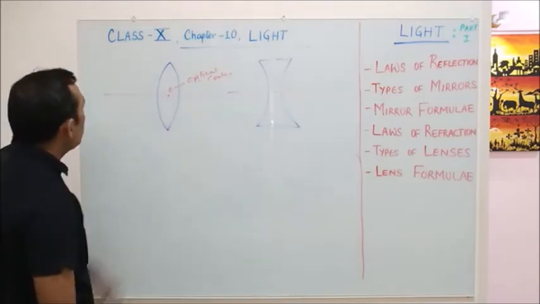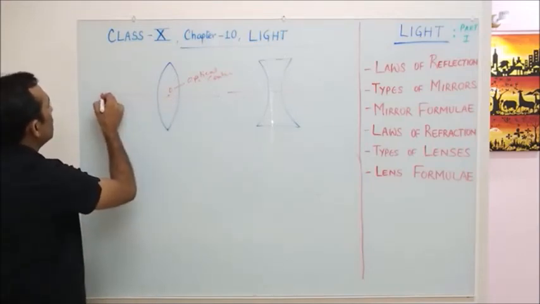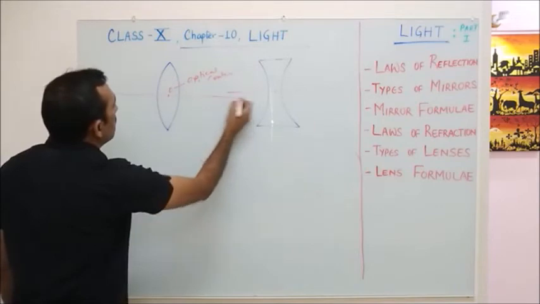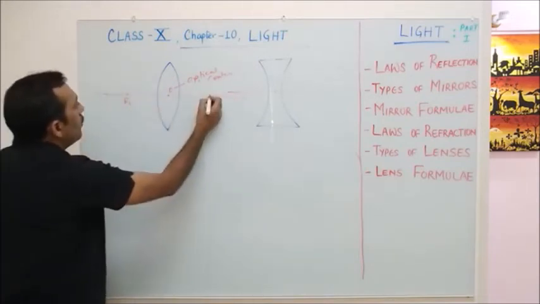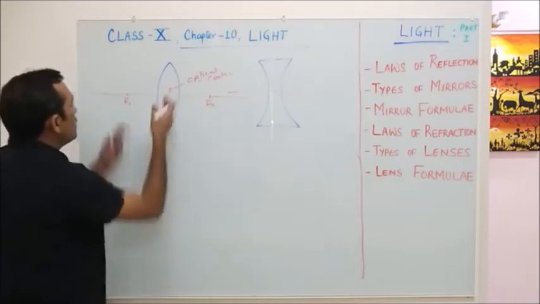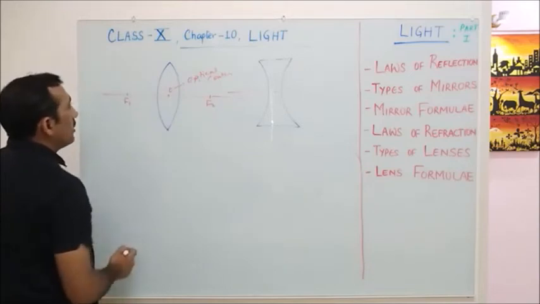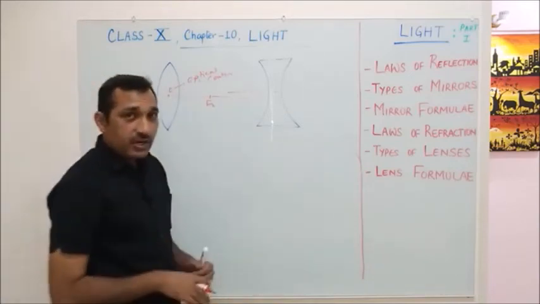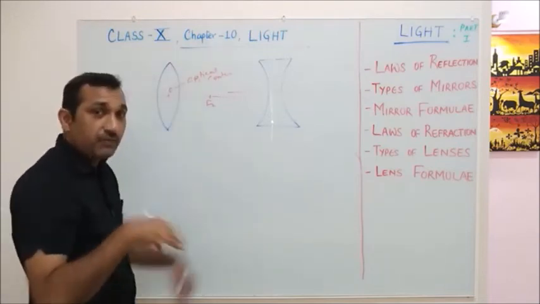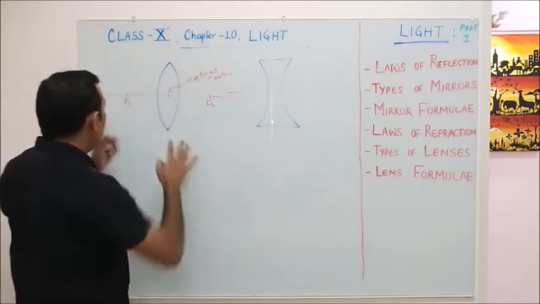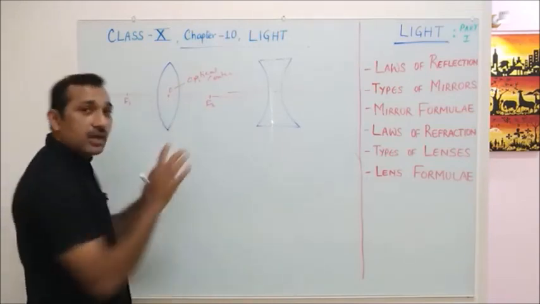Here we'll have two focal points, one on the left side and one on the right side. In 10th standard, the radius of the left side of the curve and the right side is the same, but in 11th it can be different. So for 10th standard, the distances f1 and f2 are always the same.